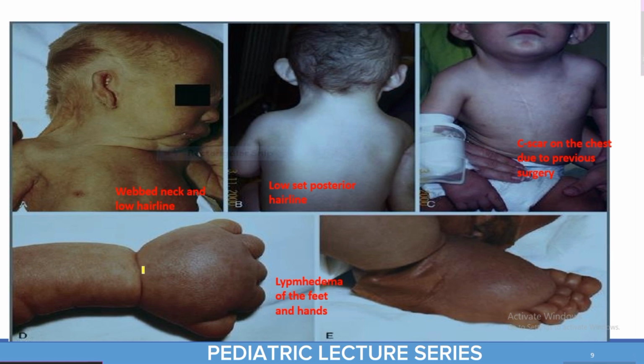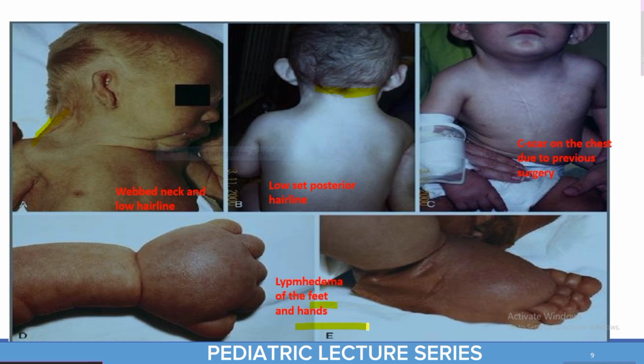As highlighted in this picture, with some of the features here, we see a webbed neck, this part here, and a low hairline, and then also a low set posterior hairline here. You also have lymphedema, which is non-pitting edema of the feet and the hands.